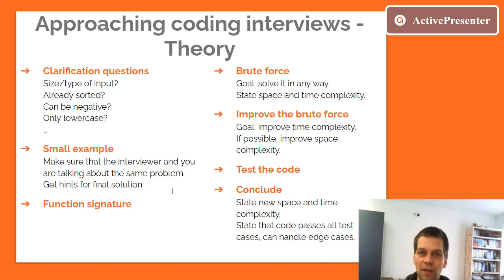Step 5 is the improvement step. In this step, you're trying to improve upon the brute force algorithm that you came up with in step 4, either in the space complexity or the runtime. It's actually more important to focus on the runtime because the user only cares about the runtime.